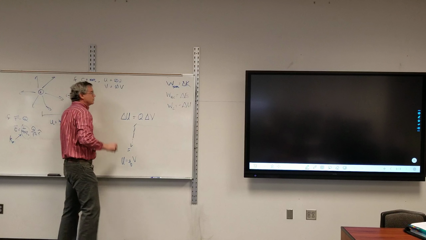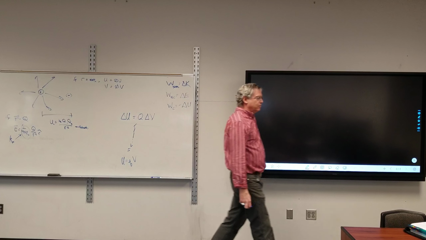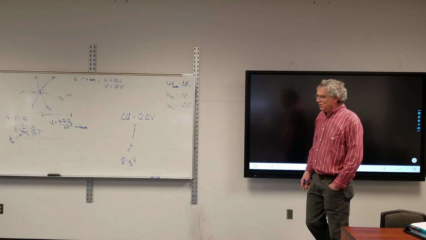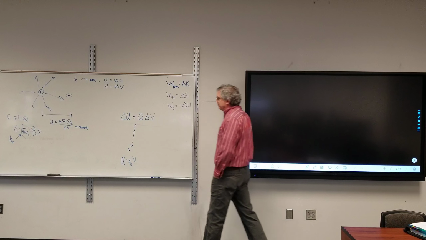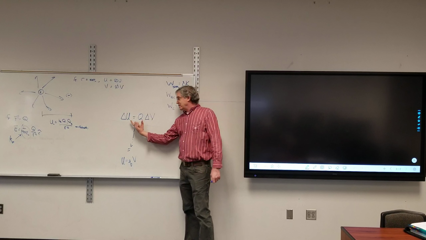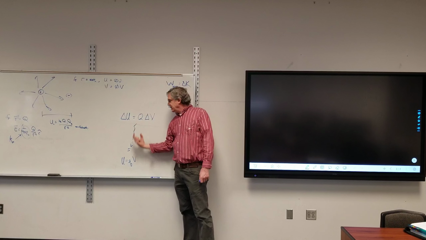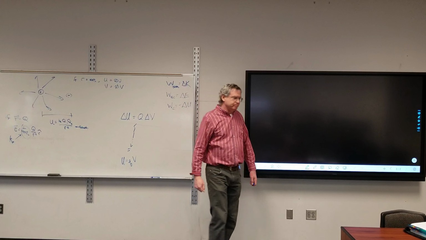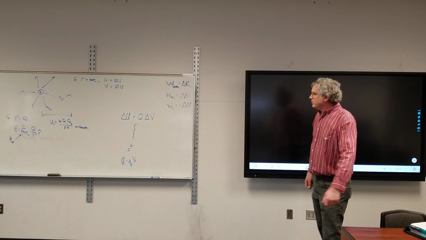So we have V equals 0 V, where those two V's do not mean the same thing. One is electric potential, the other one is the unit volts. But again, this is the relationship between U and V, and this is a pseudo relationship between U and V. Watch out for trick questions there.